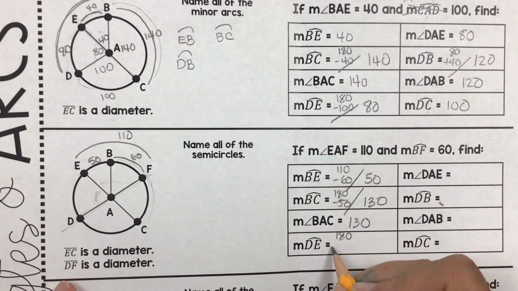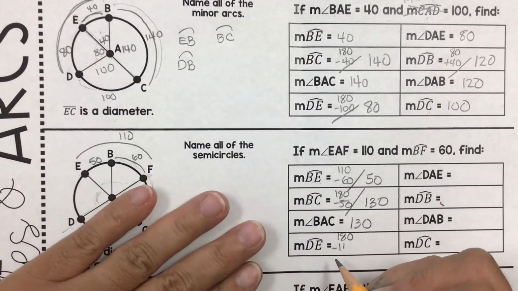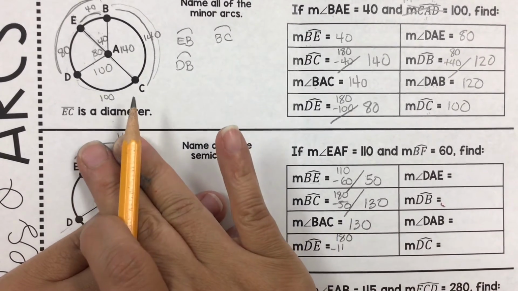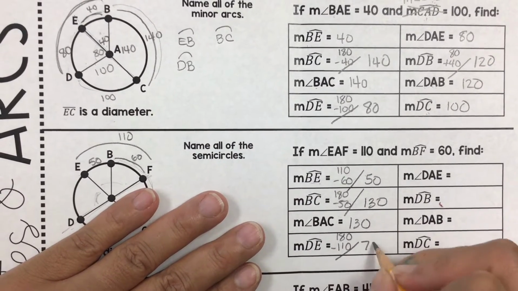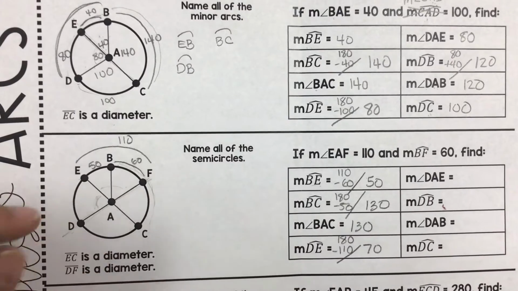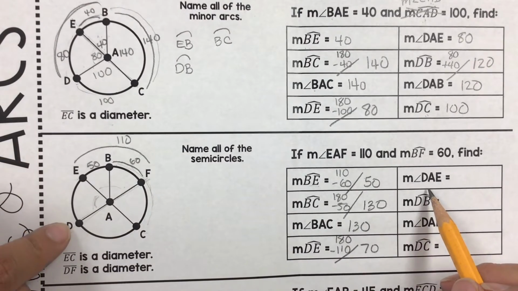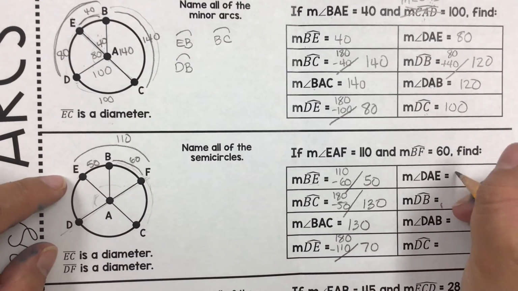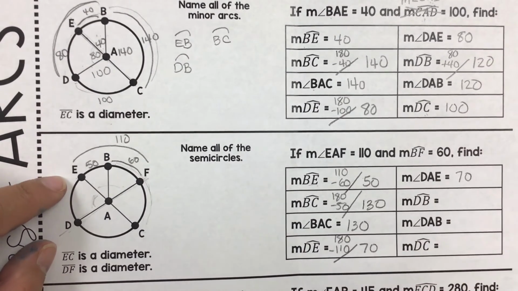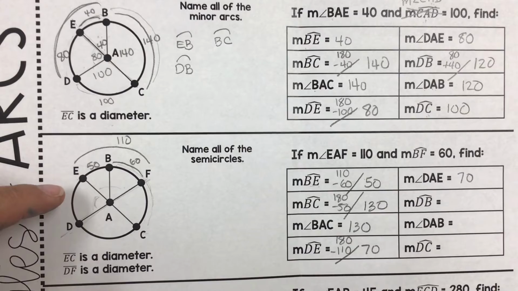So 180 minus 110. If I take this away, which is 110, it gives you 70. The angle DAE then is also 70. So the central angle and the arc are equal to each other.